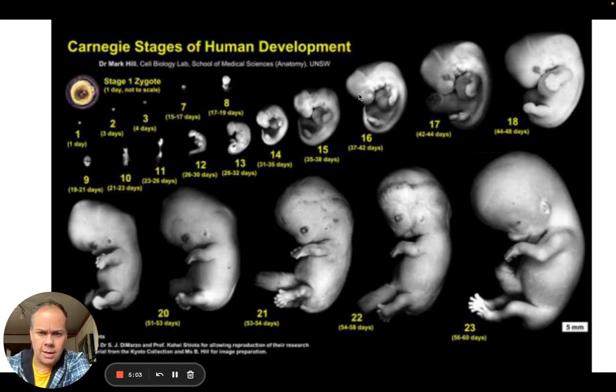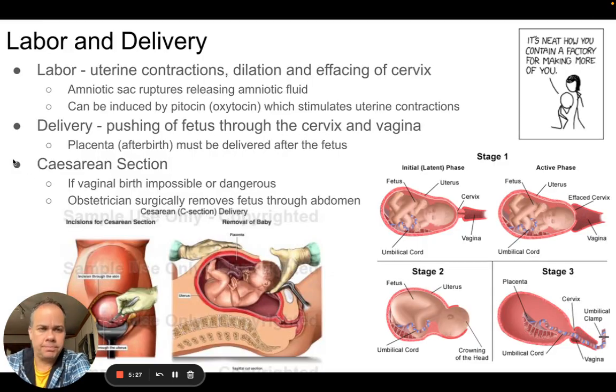And you can see as time goes on, this embryo starts to look more and more human-like. Until it reaches, these are the fetal stages here. But this is just 5 millimeters. This is very, very small. But you can see what things will look like as this embryo develops into a fetus.